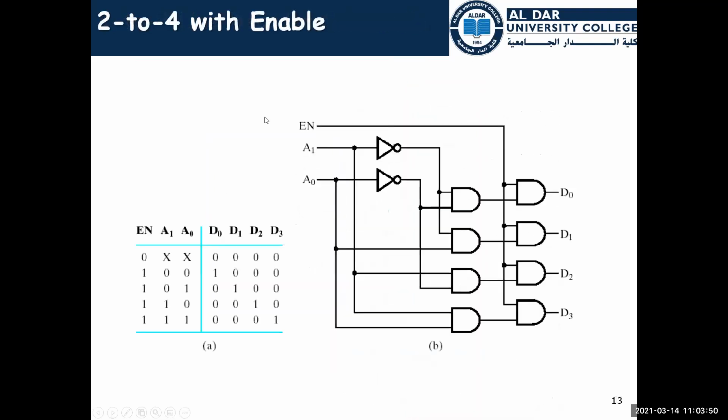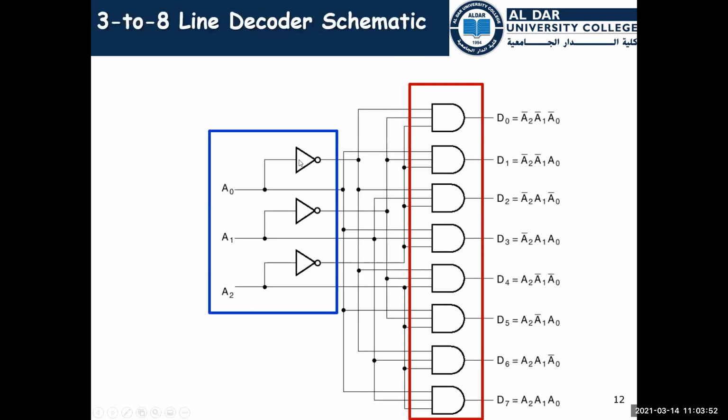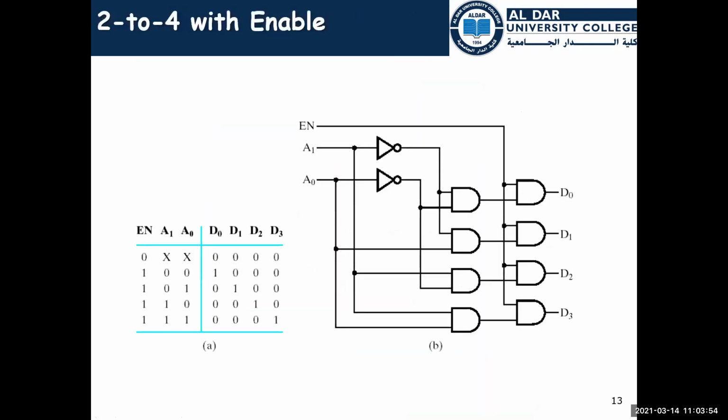Okay, how to make the enable? We have here the 2 by 4 decoder. We need an enable signal. The enable signal is important, because if we want to fix the value on the output to 0000, all of them 0, we don't want the signal to be transferred from the input to the output.